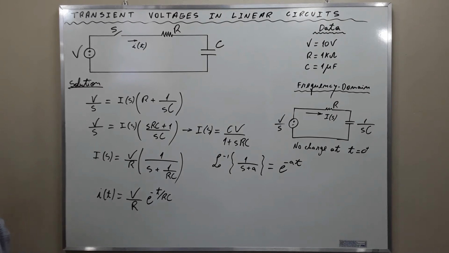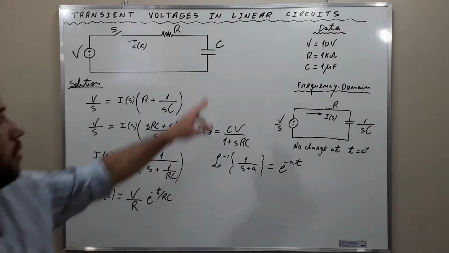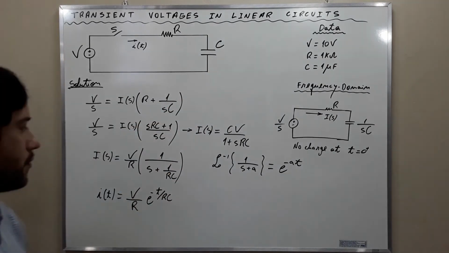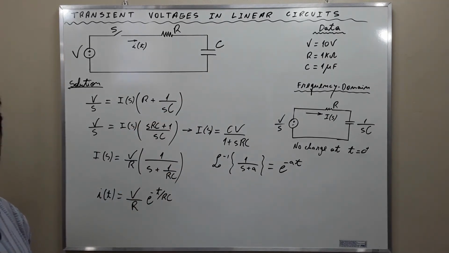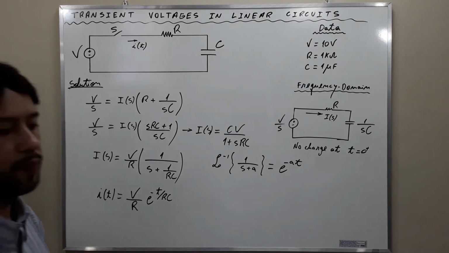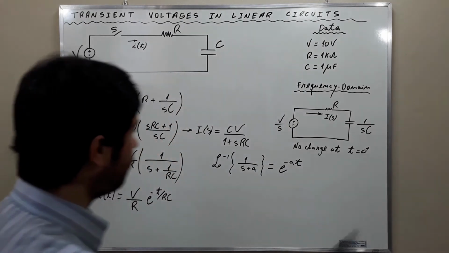But we don't want the current. We want the capacitor voltage. And how do we get it? We're going to use the expression that we're going to write on the board. Let me erase it here to get some room.